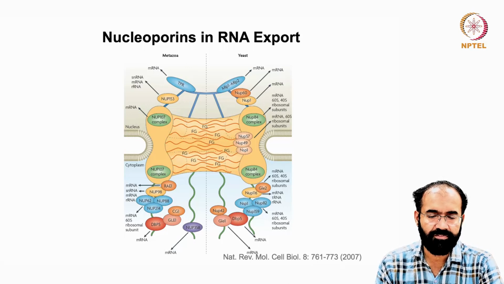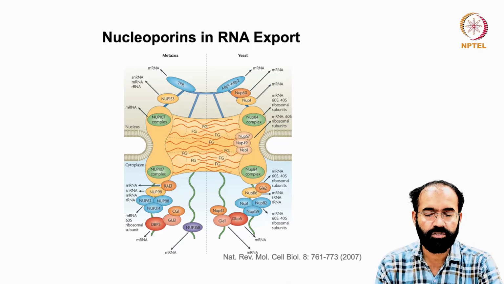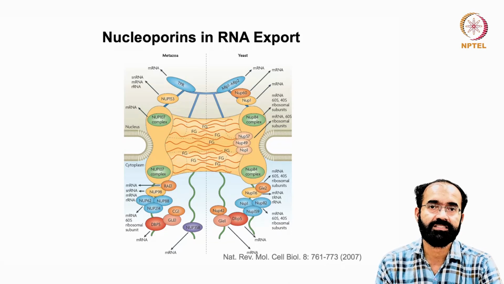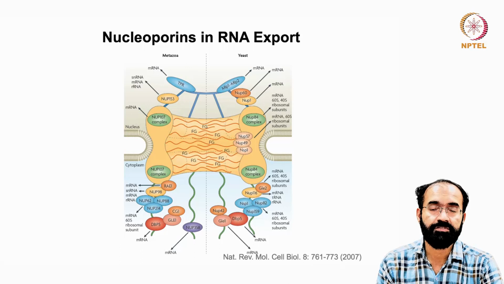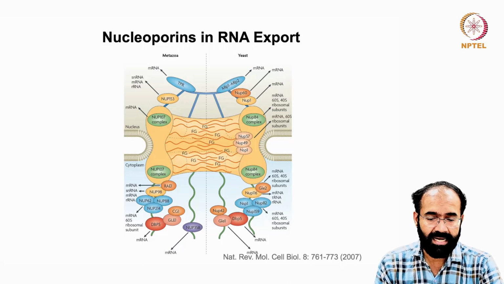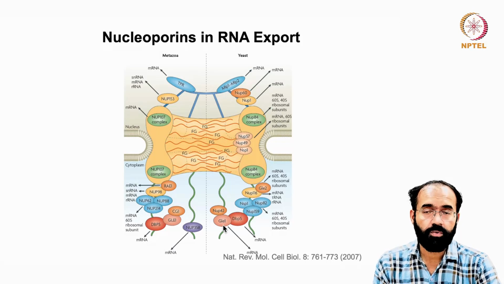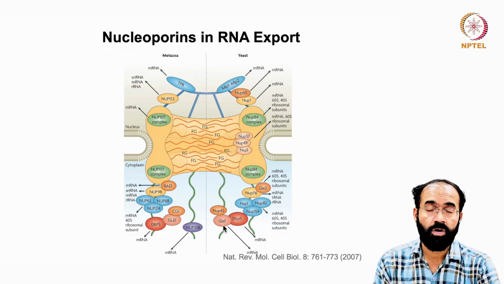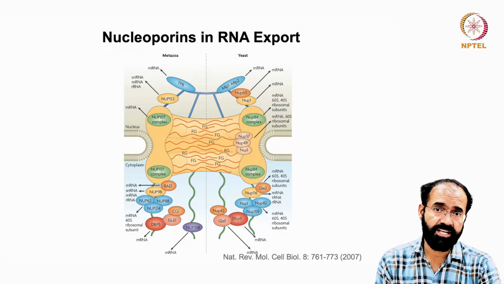So in the entire half you can see many FG proteins hanging into the lumen, and you saw in the previous class that the FG proteins are the pockets. We gave the example of rock climbing, the pockets in which the cargo literally interacts with them. You can also see many associated proteins along with the structural proteins, present for interacting with the cargo, or the proteins associated with the cargo.